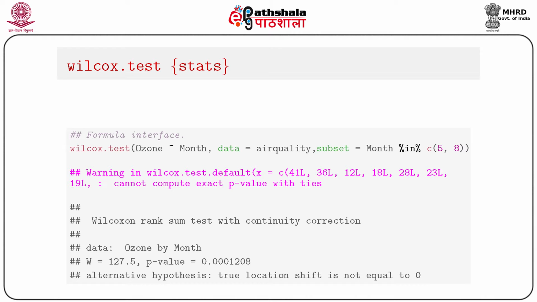This is again a binary operator, so the month will take only the 5th and 8th month. So the result will come like W equals 127 and the p-value is less than 0.001 itself, which is highly significant.